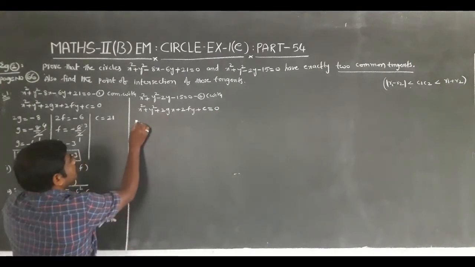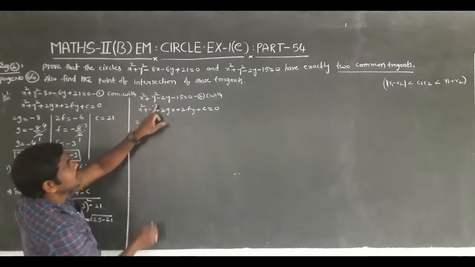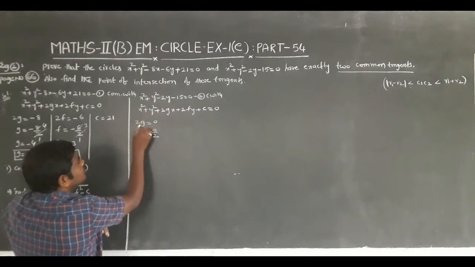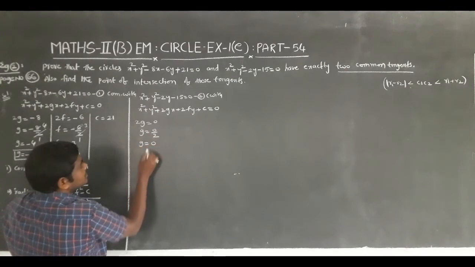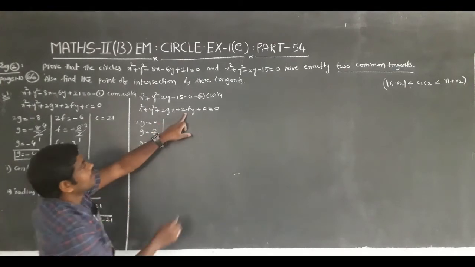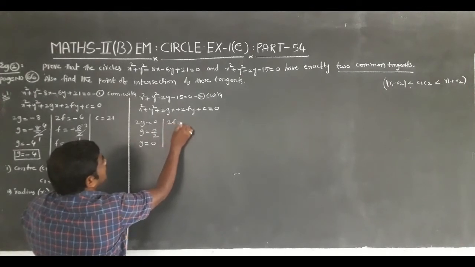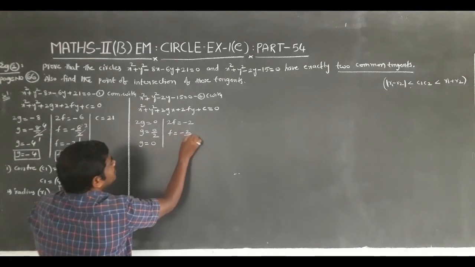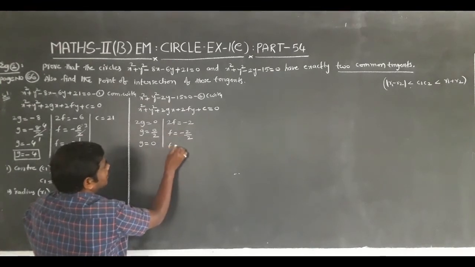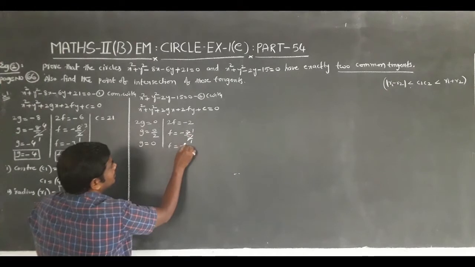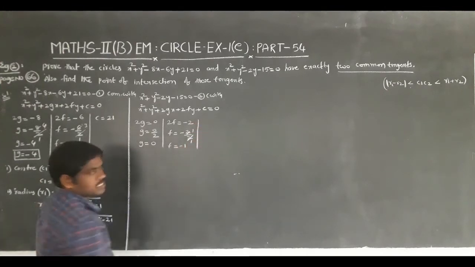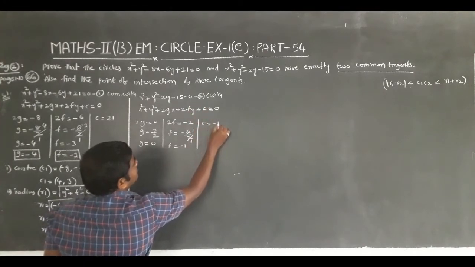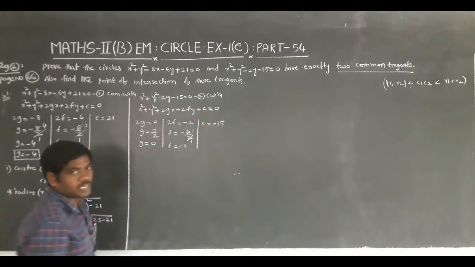Here x coefficient 2g is equal to 0, g is equal to 0 by 2, g is equal to 0. Y coefficient 2f is equal to minus 2, f is equal to minus 2 by 2, f is equal to minus 1. Constant c is equal to minus 15.